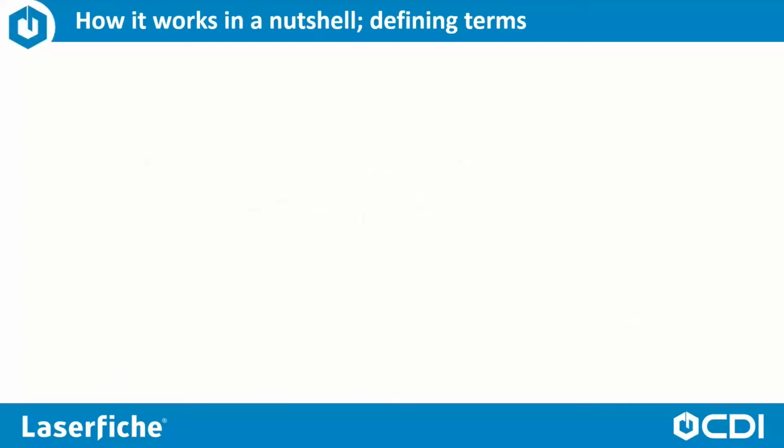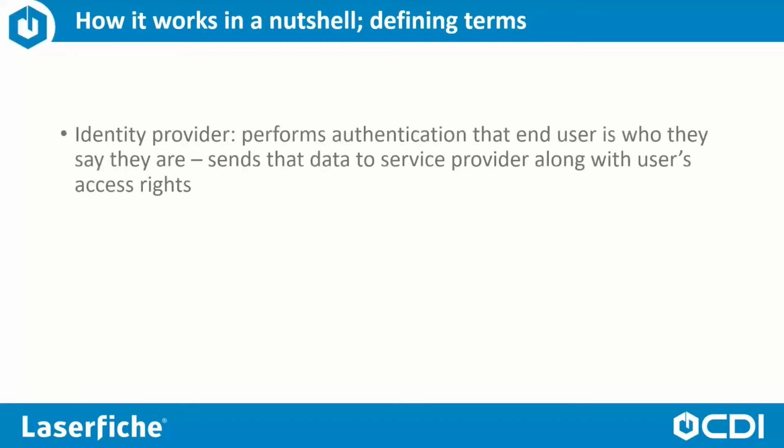All right, so next up, we're going to cover how it works in a nutshell, and we're going to lay out some terms here. An identity provider performs authentication, effectively that the end user is who they say they are. It then sends that data along to the service provider, along with the user's access rights.